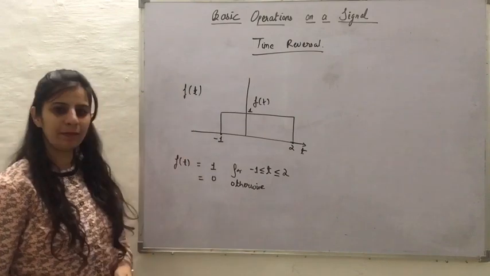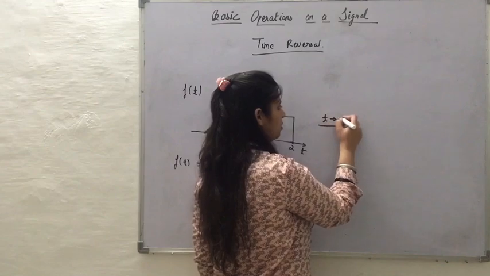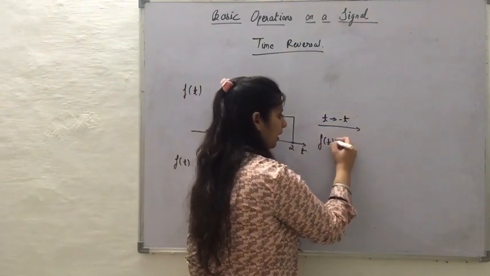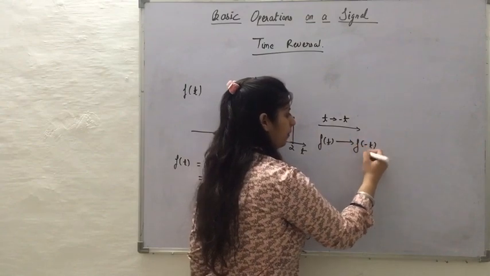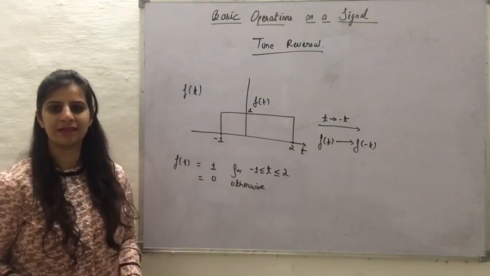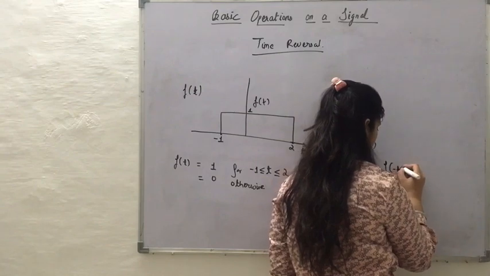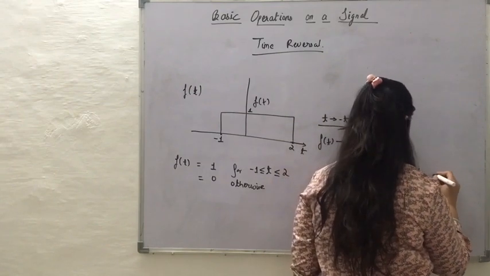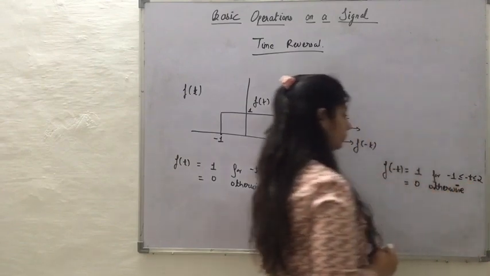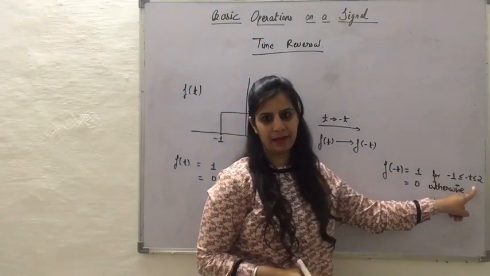When you apply time reversal operation, what happens is t is changed to -t. So f of t will then become f of minus t. So at the place of t, we'll substitute minus t. So here I have substituted minus t at the place of t.